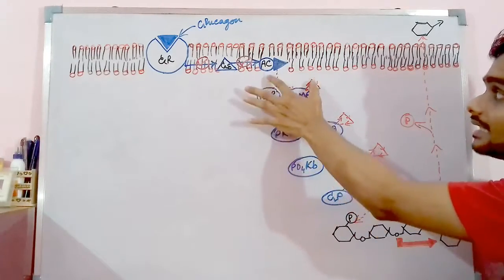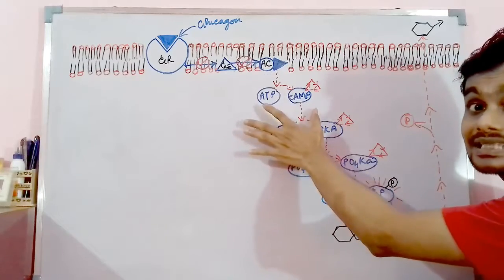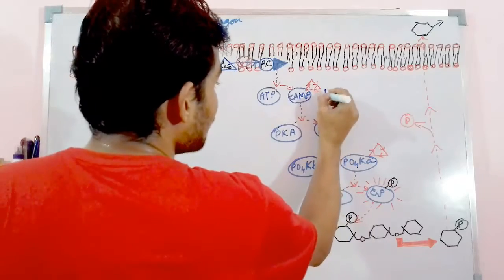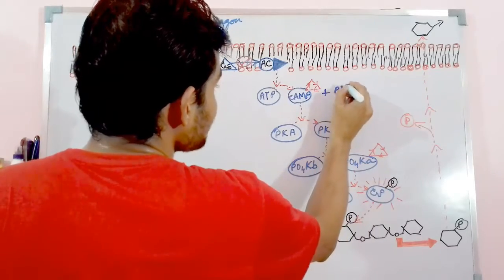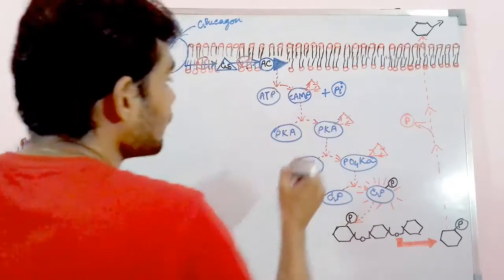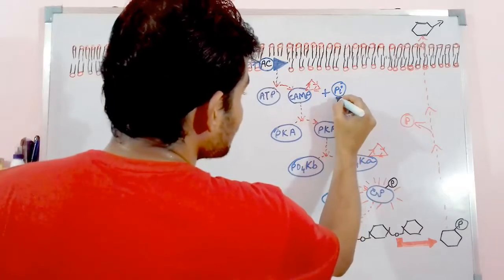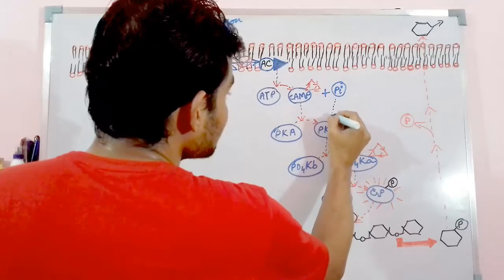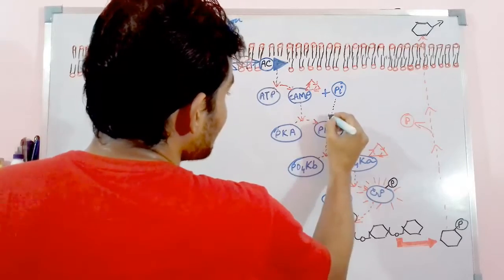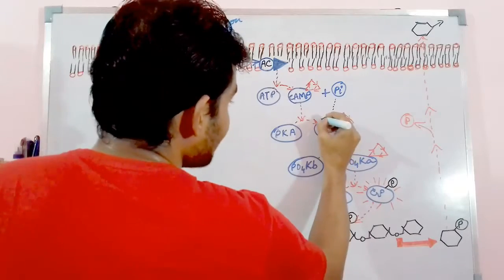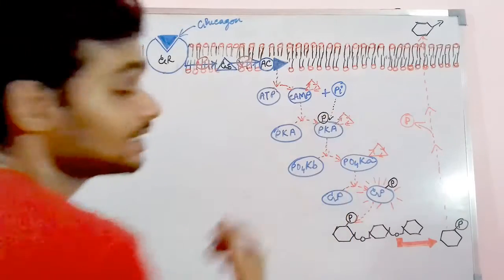The ATP, in the presence of adenylate cyclase, is getting converted to cAMP plus an inorganic phosphate molecule. Now this inorganic phosphate molecule would come and bind with the phosphorylase kinase molecule and help in activating it.